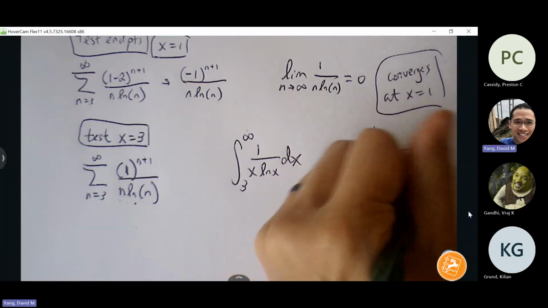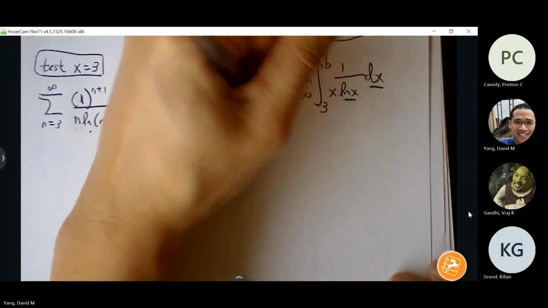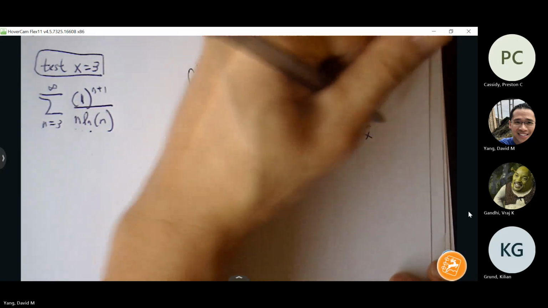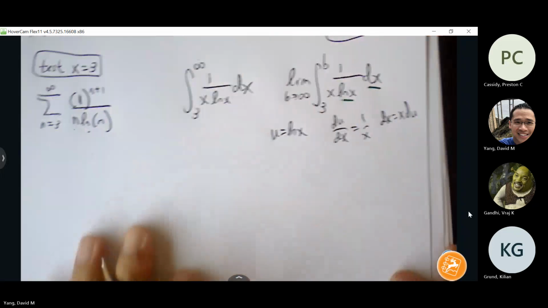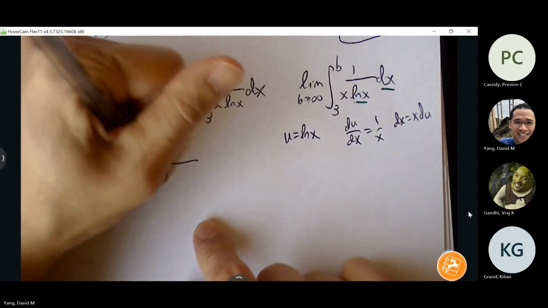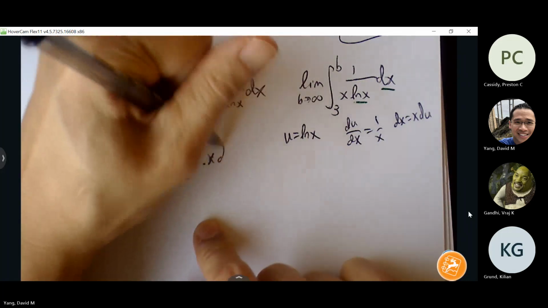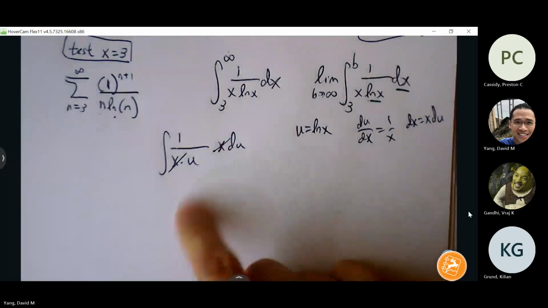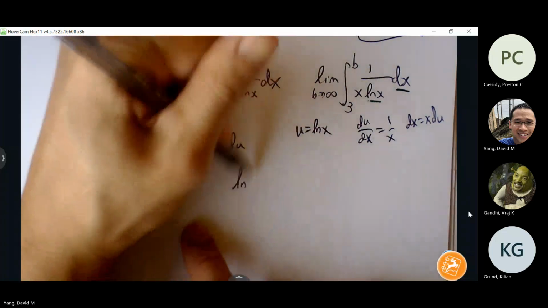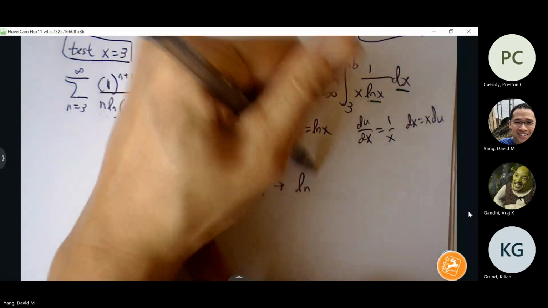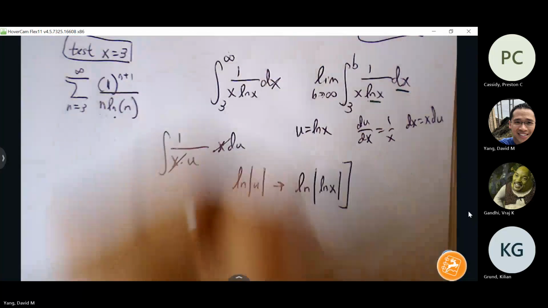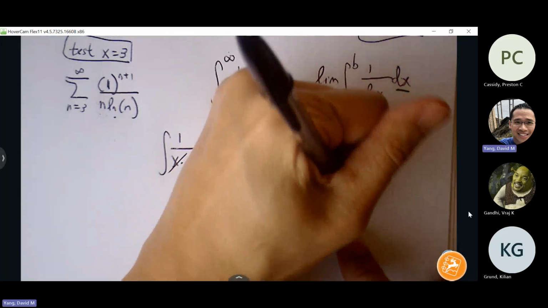Okay, use substitution, my u value is natural log of x. 1 over u du is just natural log absolute value of u, evaluated between 3 and b.